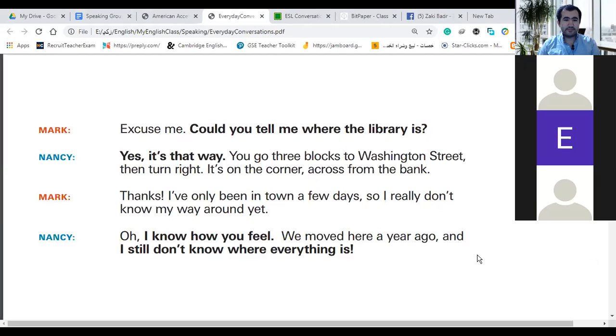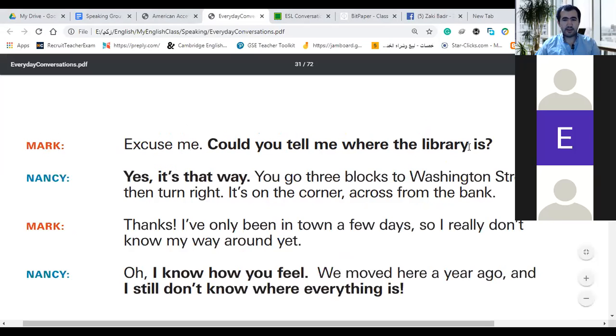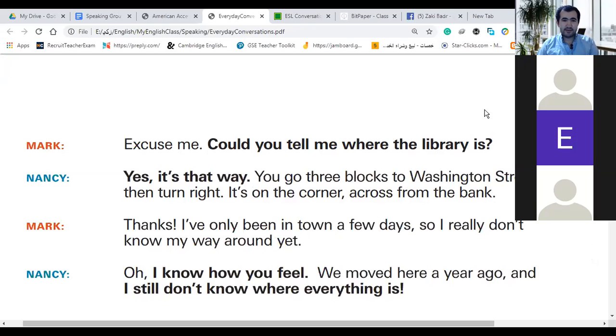You go three blocks to Washington Street. I don't see the screen. You can zoom it. I think this is the maximum zoom I can do. You see it now?